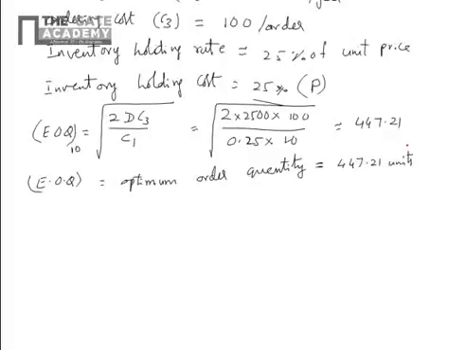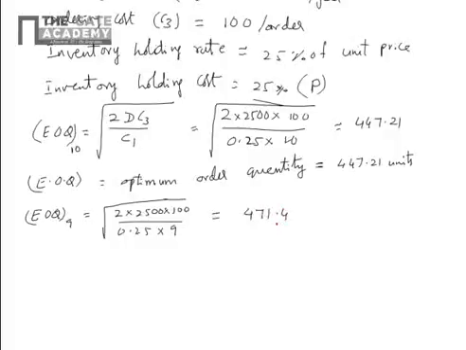If you want to cross check this, you can do EOQ at 9 rupees, which is square root of 2 into 2500 into 100 divided by 0.25 into 9. Then you will get 471.4, which contradicts the order quantity condition. It is less than 500 but the range given is 500, so it is not the economic order quantity.